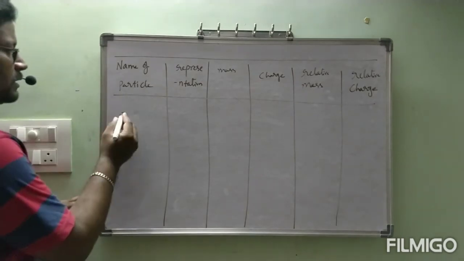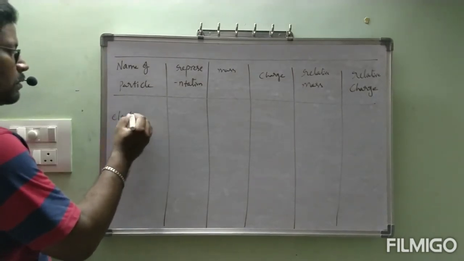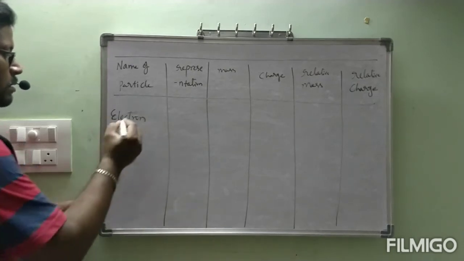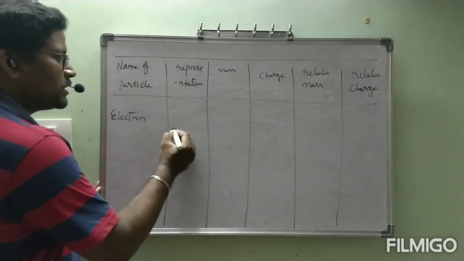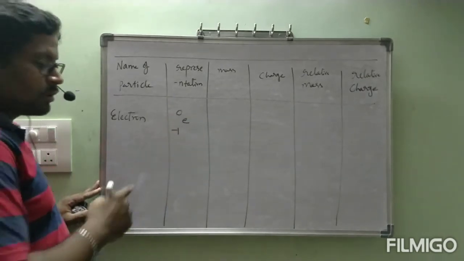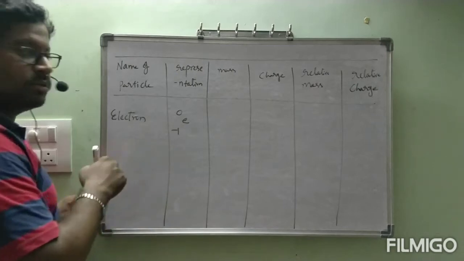Okay, first particle, electron. Representation -1E0. This is the representation of electron.